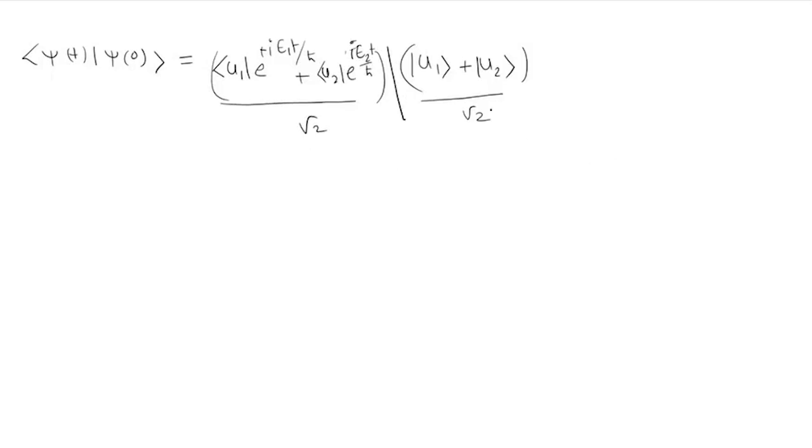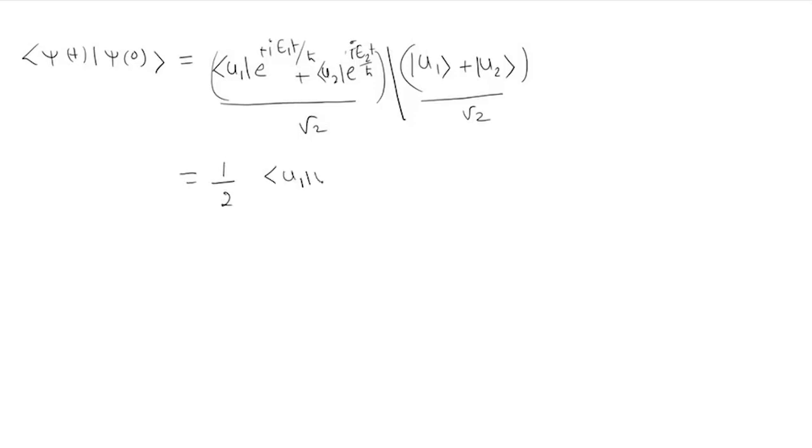So again, when you do this, there are four terms. U1 can be sandwiched with U1, U1 can be sandwiched with U2. Similarly, there are four terms: U1, U1, U2, U2, and cross terms. Cross terms go to 0 for the same reason. But the surviving terms, 1 over root 2 times 1 over root 2 is 1 over 2. Let me write it.